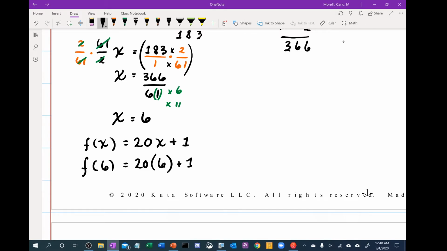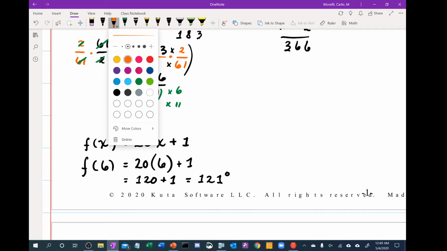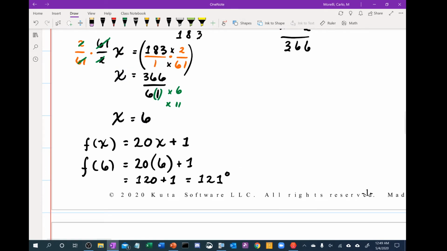All right, so first we have to do 20 times 6. Well, 2 times 6 is 12, so 20 times 6 has to be 120. So that's 120 plus 1 equals 121 degrees. And that is the answer to the question. So that's what you would put in the red box of correctness.